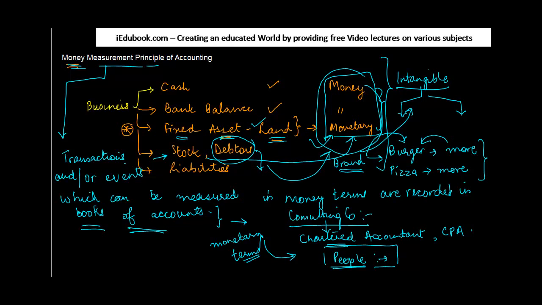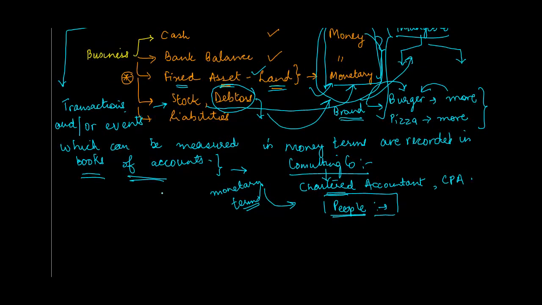And one other limitation which is there is, let's say, for example, in 2011, you purchase an asset for 10,000, right? In 2012, again, this asset will remain at 10,000. The recording of these in terms of the money measurement principle does not take into account the erosion due to inflation.